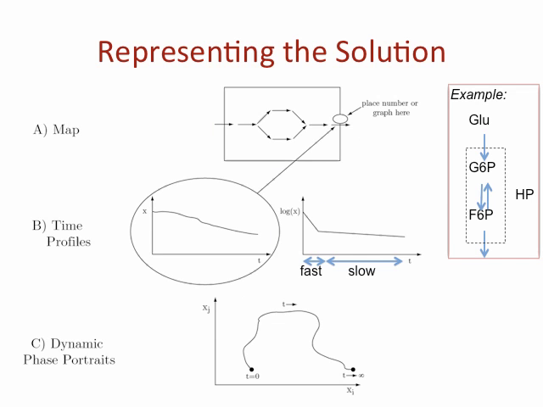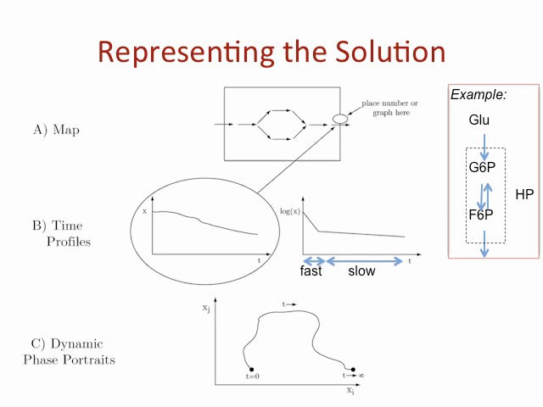The last panel on this slide is important. This is called a dynamic phase portrait. In this case, we plot 2 concentrations against one another and form a trajectory in this plane using time as a parameter.